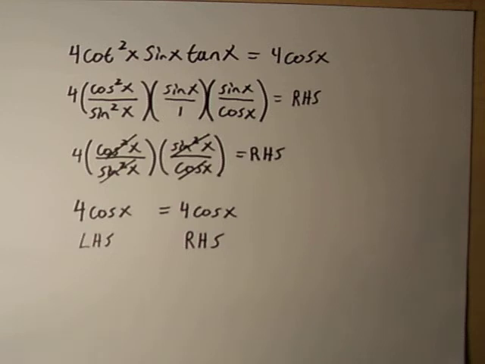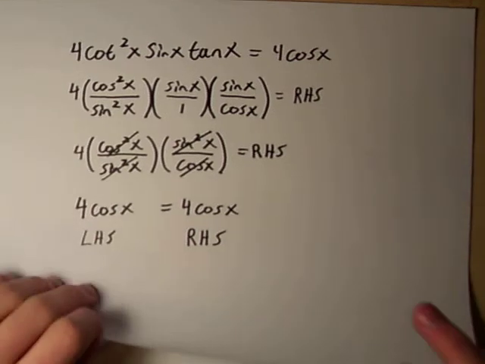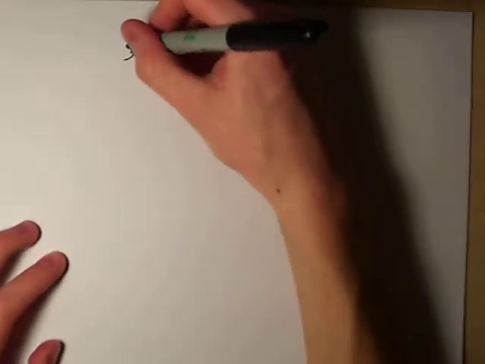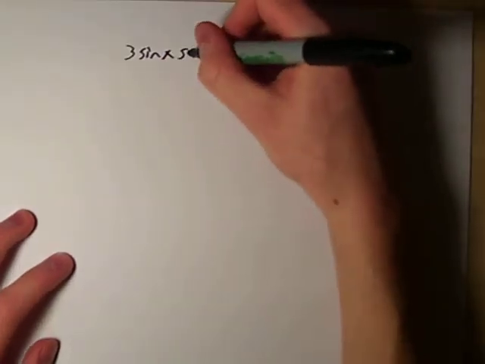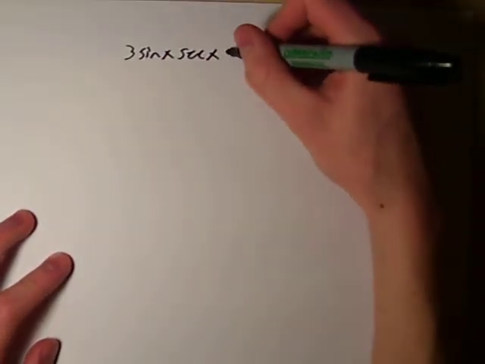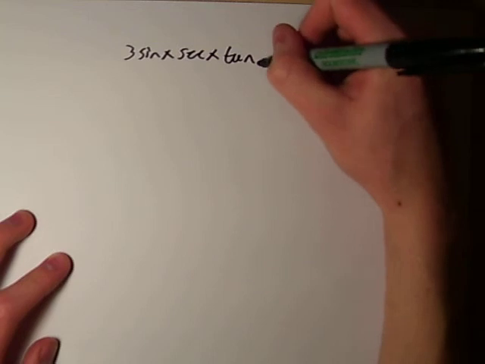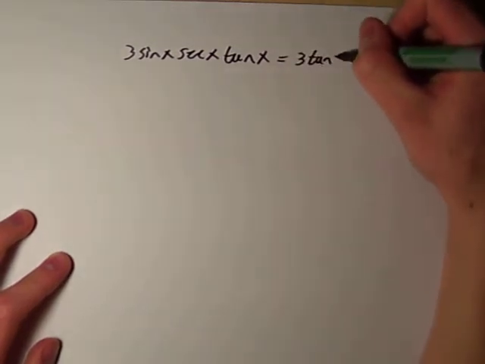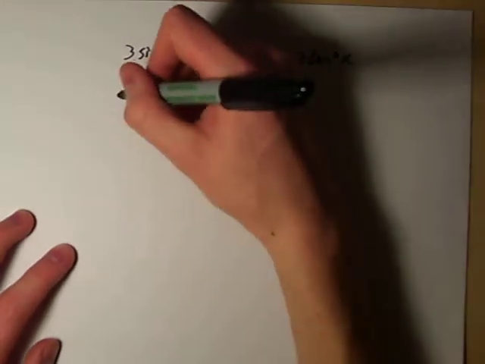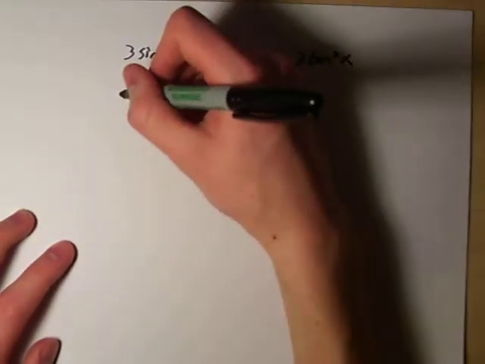Let's see if I have time for another quick one. Last we'll do a similar sort of deal. We have 3 sine x secant x tangent x equals 3 tangent squared x. So we immediately know the 3 isn't going to change.